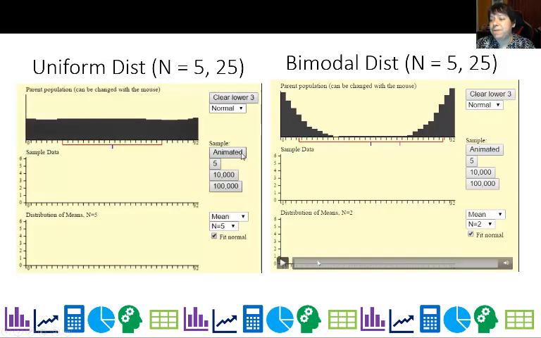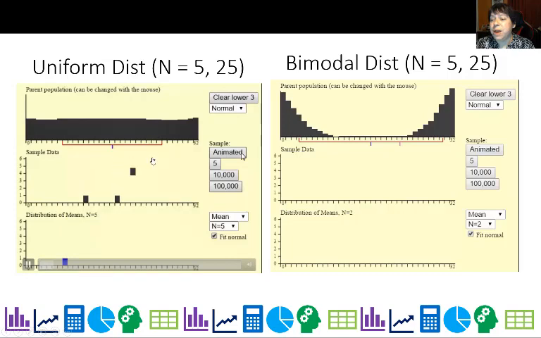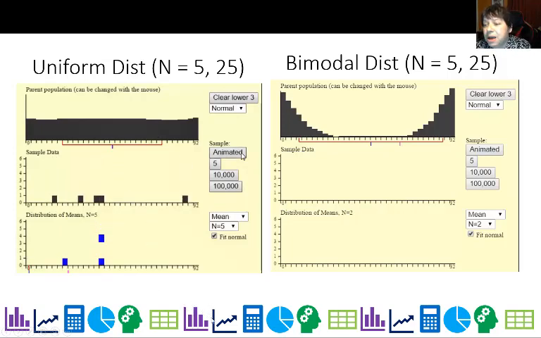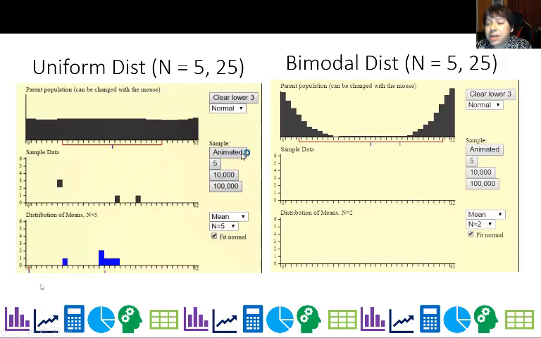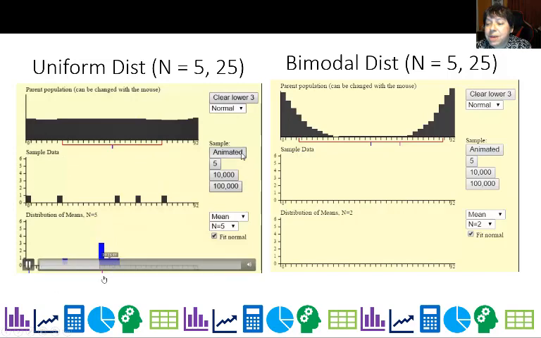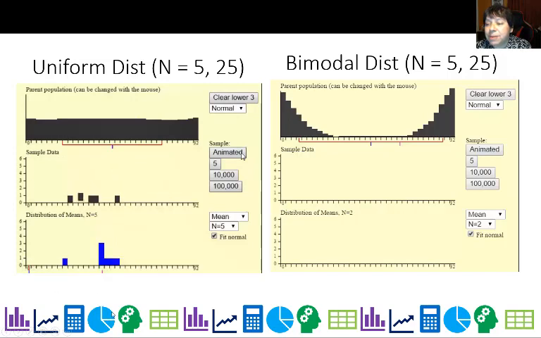What if we have distributions that are not normal? So here I have a uniform distribution, and you can see, will my sampling distribution for my means, for my averages on the bottom, look like my population? And you can see that actually I am getting sort of a center there.